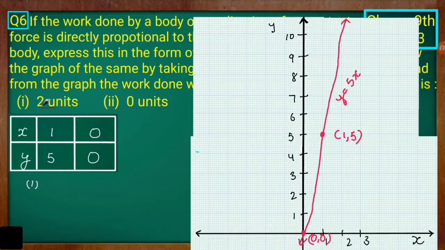Now in the first part, 2 units of distance are given to us, and for the second it is 0. When x is 2, check where it meets the y, at 10. So we can say that when x is 2, then y is 10.